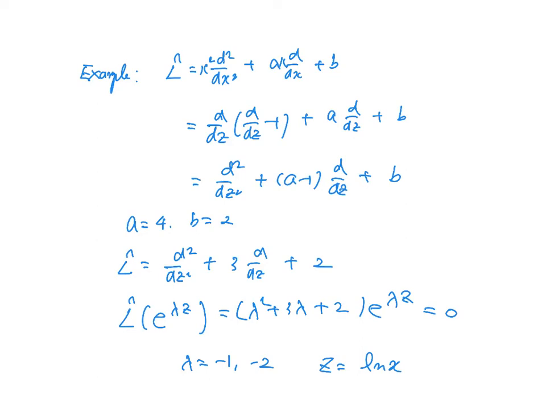So the general solution is the following: C1 exponential minus ln x plus C2 exponential minus 2 ln x. This is actually C1 x to the minus 1 plus C2 x to the minus 2.